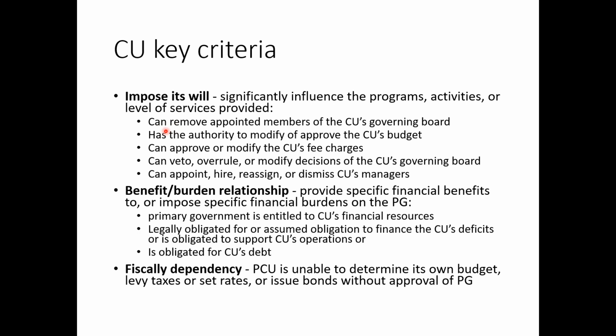For example, the primary government can remove appointed members of the CU's governing board, right? Can modify its budget, can approve or modify its fee charges, right? Or can even appoint, hire, resign, or dismiss the managers of the CUs. Then we say the primary government can impose its will.